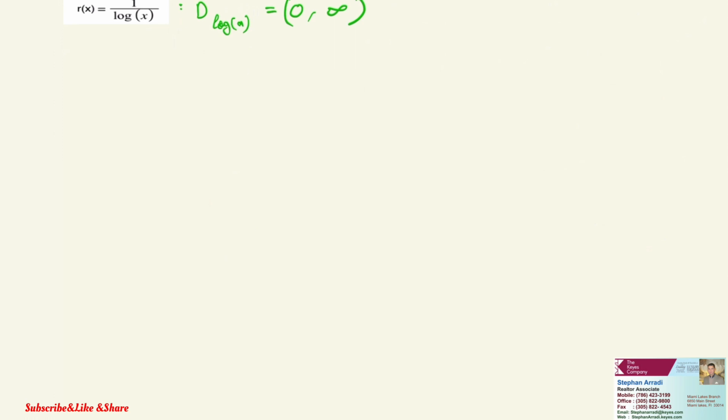However, we see here is a restriction. This here shouldn't be equal to 0, because the denominator shouldn't be equal to 0. And we know log of x equals 0 when x equals 1.